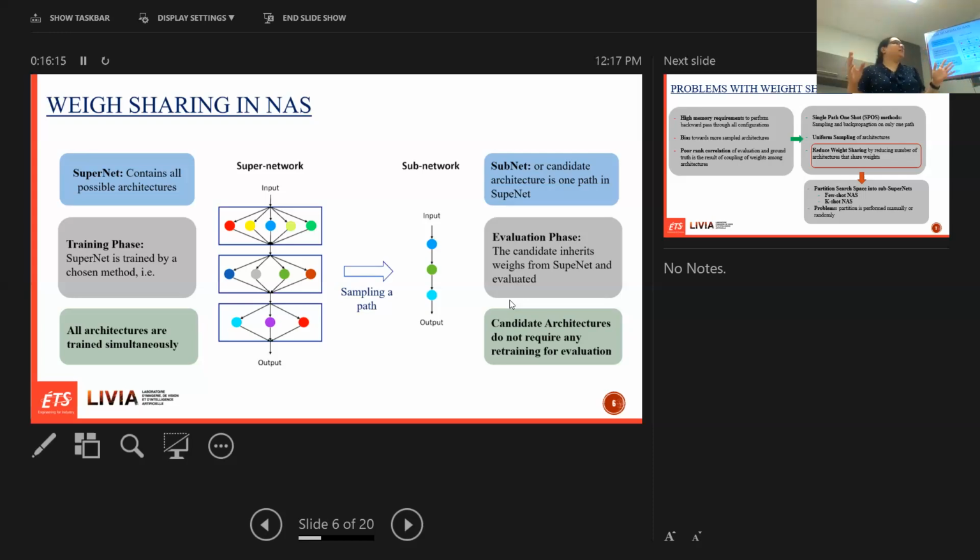So there is no training required. We just evaluate any architecture that we sample by using the trained weights. This made NAS much more efficient than earlier versions, which used to train every candidate from scratch, and it would take a tremendous amount of computation and time.